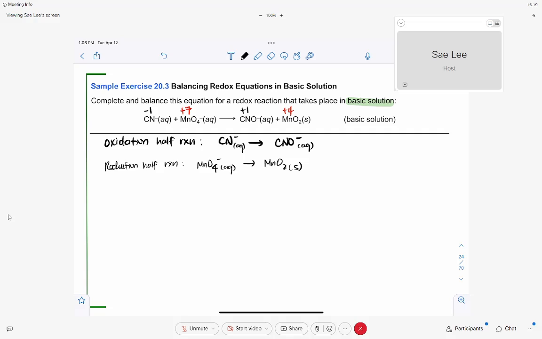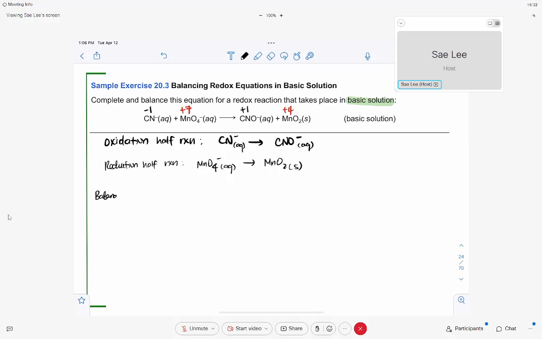If we balance each half reaction according to the previous steps that we learned, treating it as if it was an acidic condition, the balanced oxidation half reaction is going to look something like this.